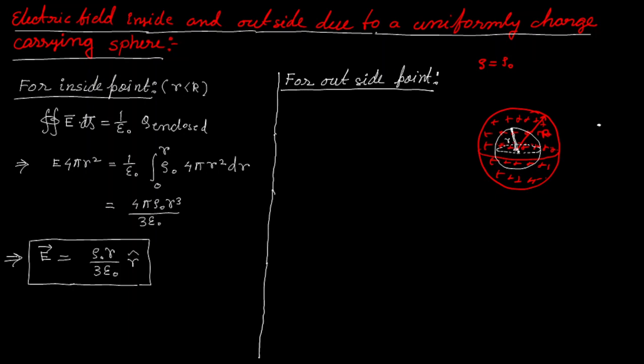Since this charge distribution is spherically symmetric, we want to use Gauss law. So if we want to use Gauss law, the first step is to connect this point with the center of the given charge distributed sphere, and then taking this distance as r, that is the radius of a spherical surface, we have to draw a concentric spherical surface with the given charge distribution.